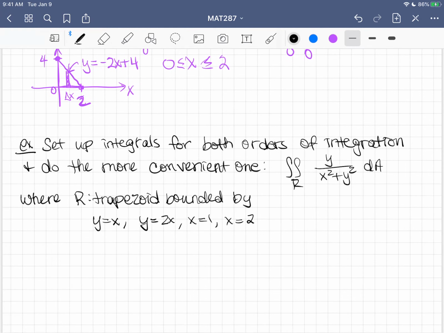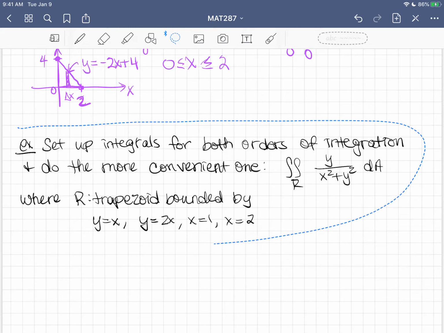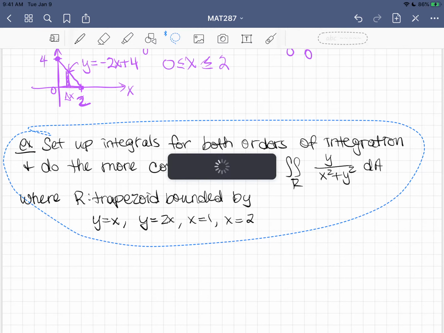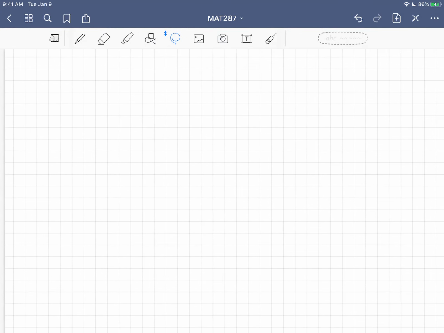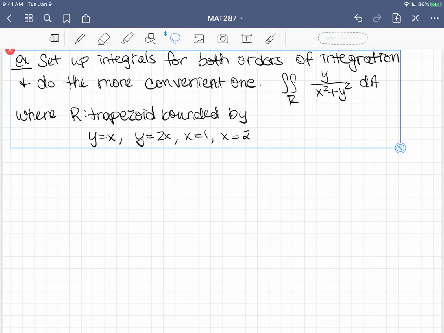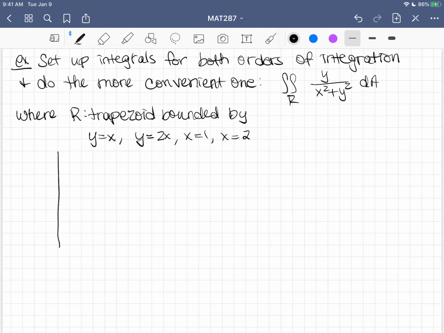Okay, so let's sketch R. Actually, let's take this to the next page because I'm going to run out of space here. So first let's think about our region R. So say here's x equals 1 and x equals 2.